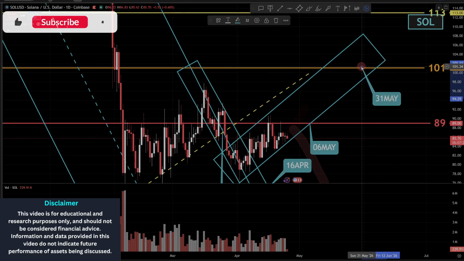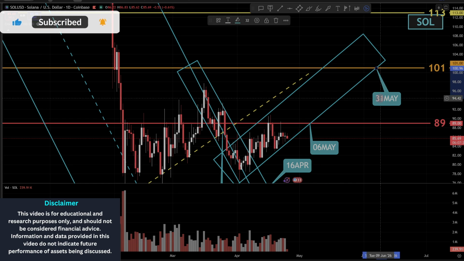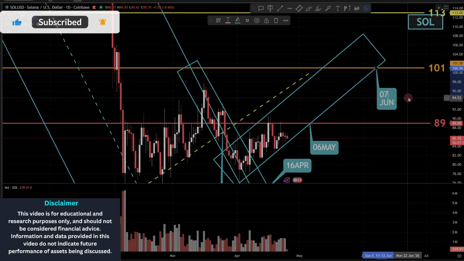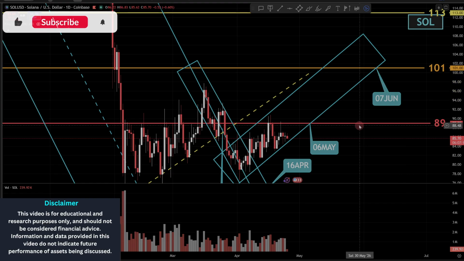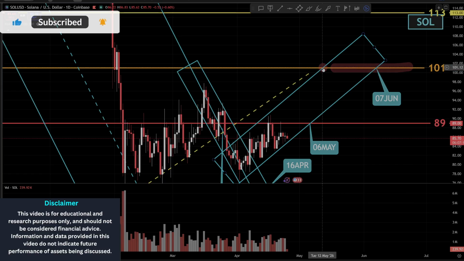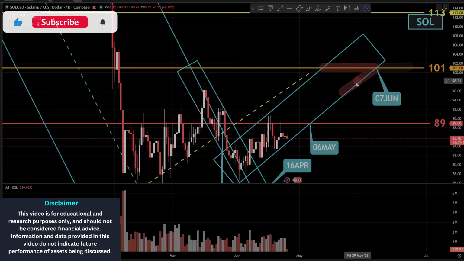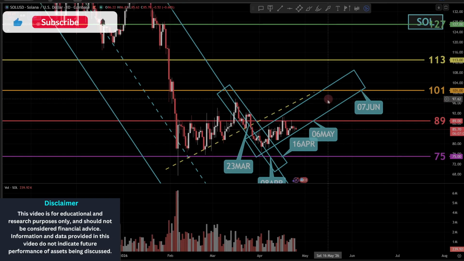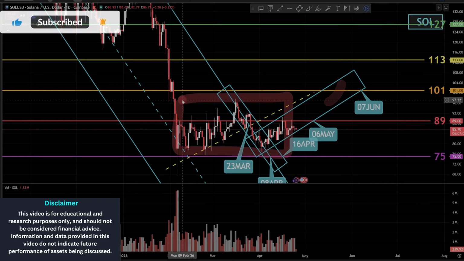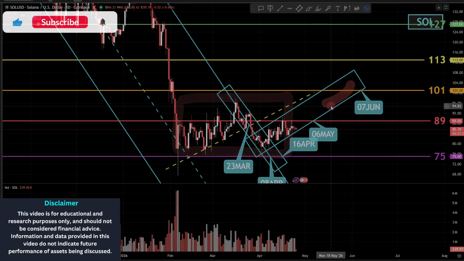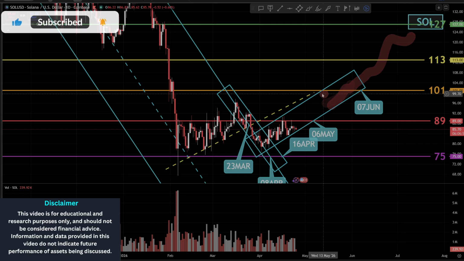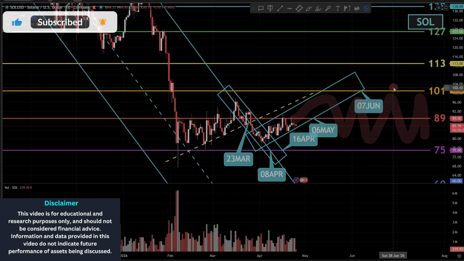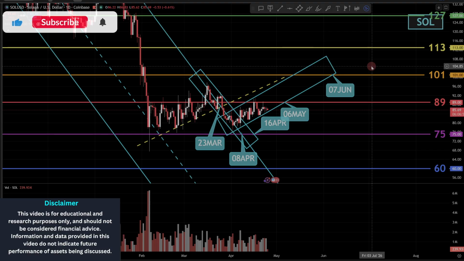All right, let's adjust the state as well. Because if it is successful, the bulls are successful in pushing the price above the 89 and comes to challenge the 101, they will reach another decision point by the beginning of June, meaning is it going to break above this sideways trend, all right, and continue the extension with the uptrend, or is the sideways trend going to run all the way into the second half of the year?